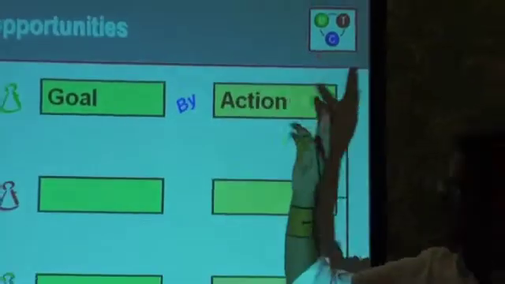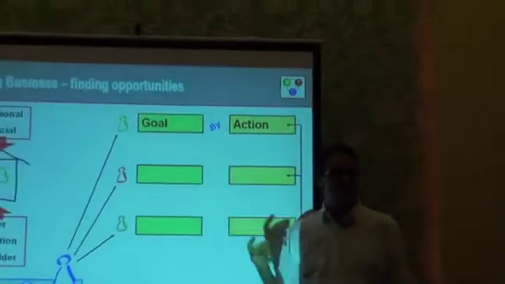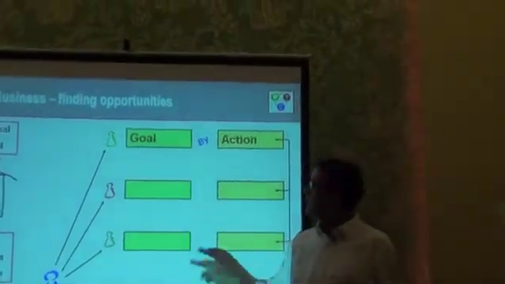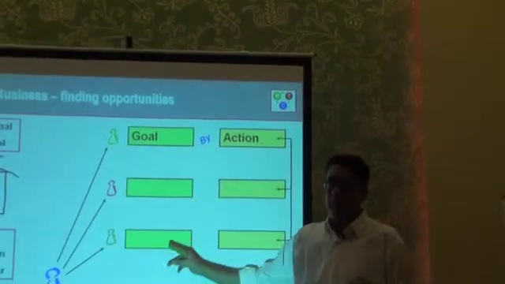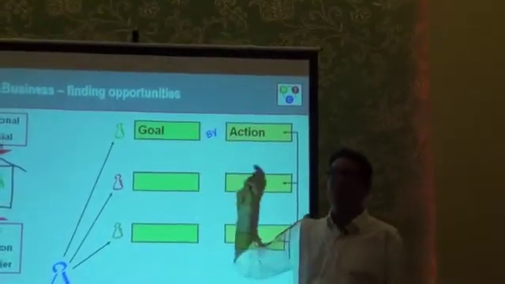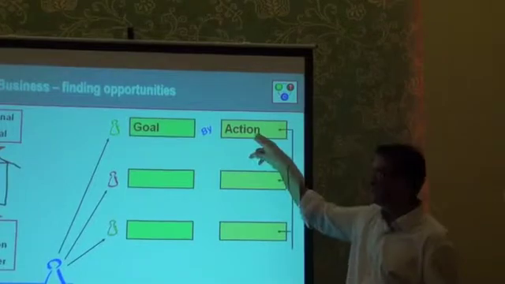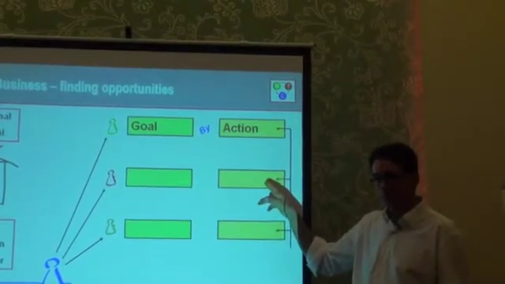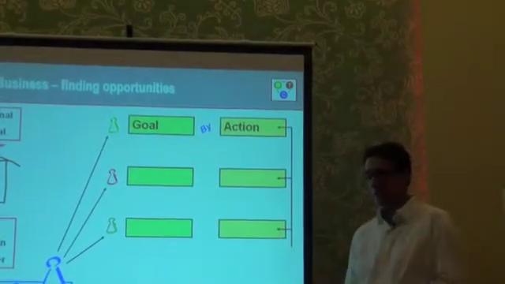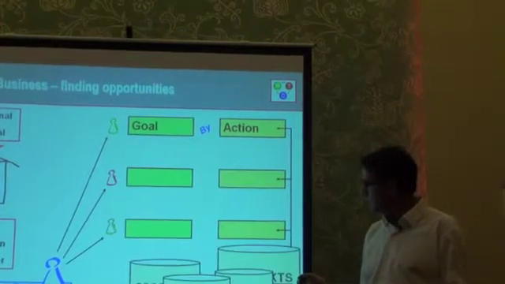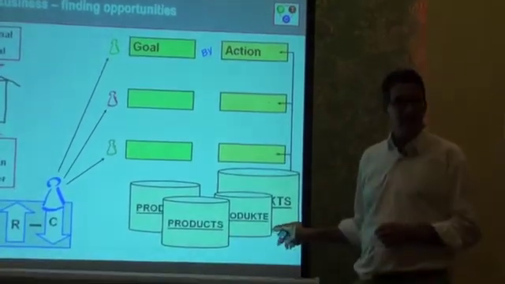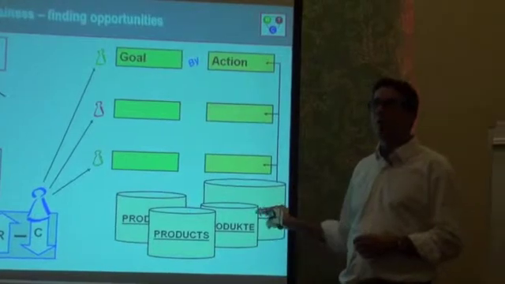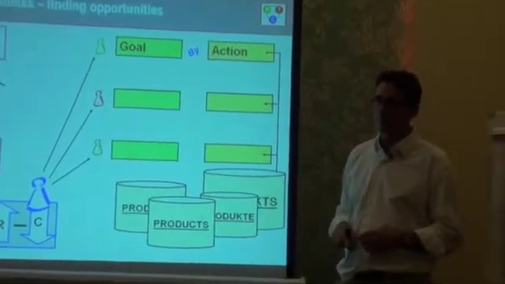Yeah? So they will then begin developing their plans. These plans, these goals, will be enabled by certain things. And these things will be enabled by IT products and services or by other products and services.